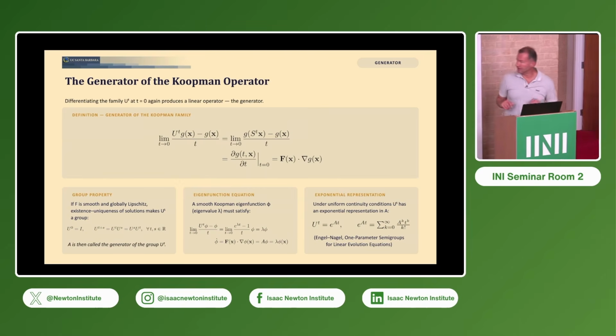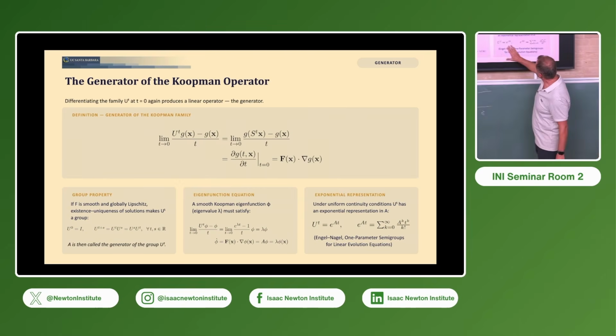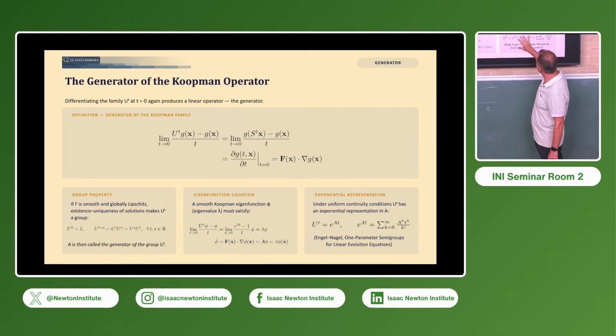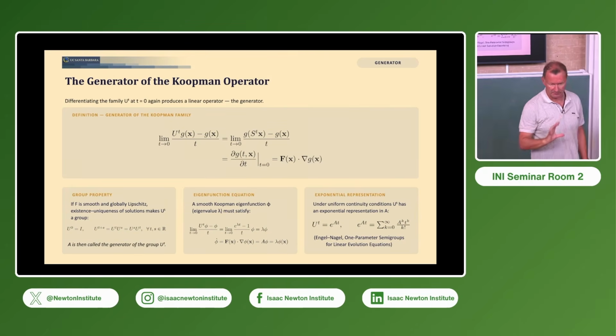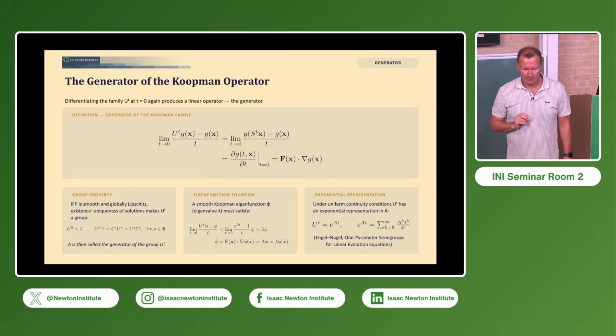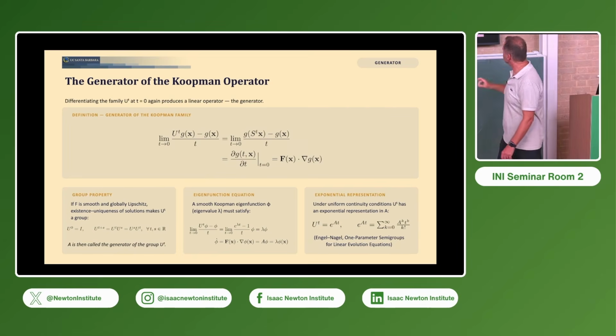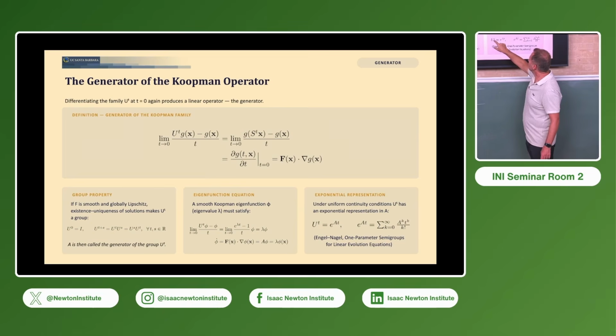So you basically linearize the system. But here is an interesting point. If you have uniform conditions, so under technical conditions that you need to check in every case, you might have the property that the Koopman operator group or semigroup is exponential of At, where A is an operator.